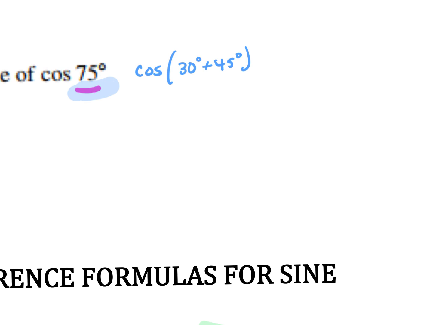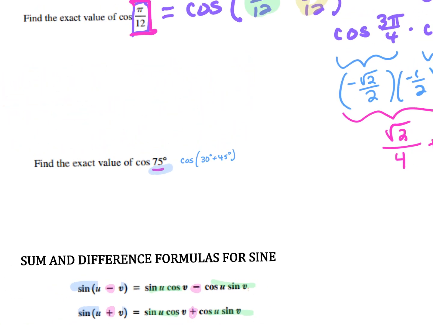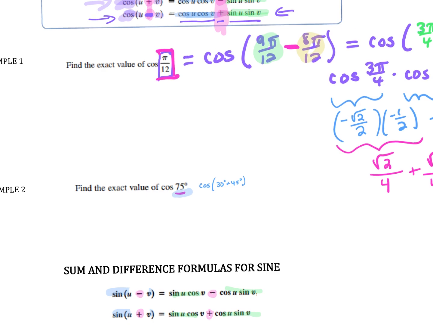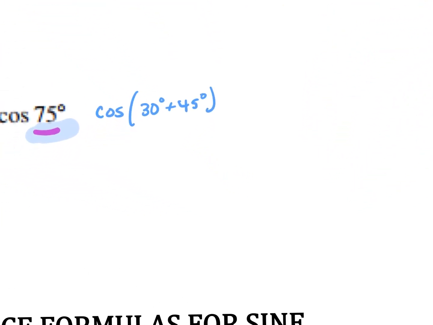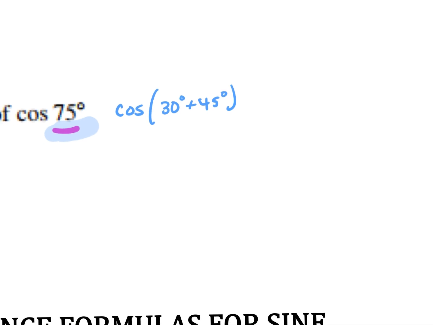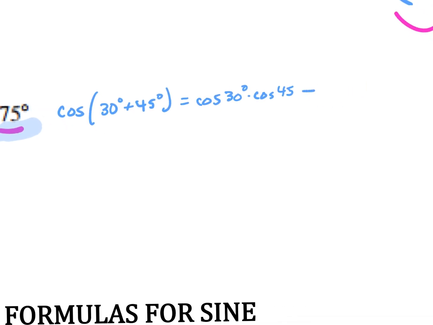All right, so let's use our formula again. I want to use it from here rather than keep bouncing back and forth. So cosine of 30 degrees plus 45 degrees. Using our formula, we're going to have the cosine of the first times the cosine of the second, and then minus the sine of the first times the sine of the second.